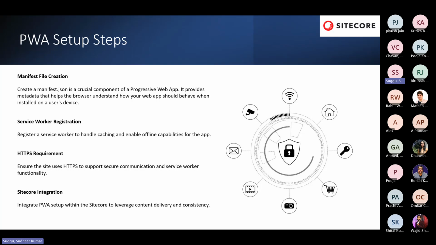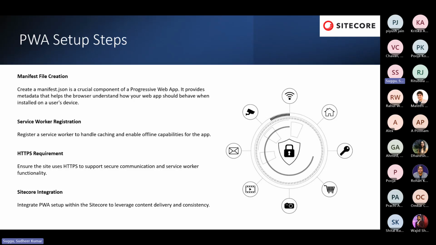I'll talk about that further. For anything to have PWA enabled, we should have HTTPS enabled for the website, because it would only communicate over secure, authentic communication. So it is mandatory to have the site on HTTPS.